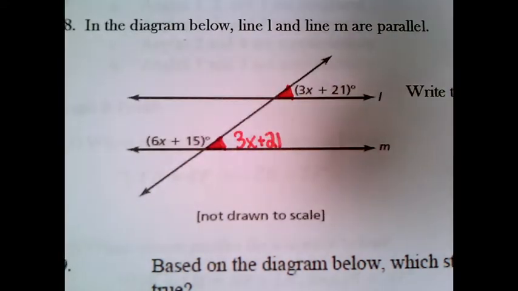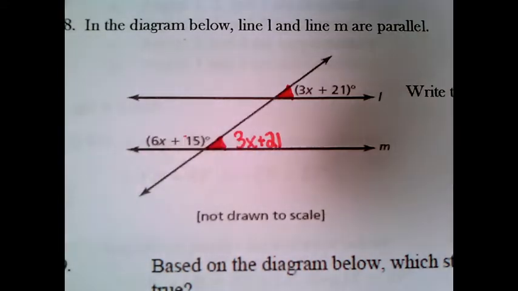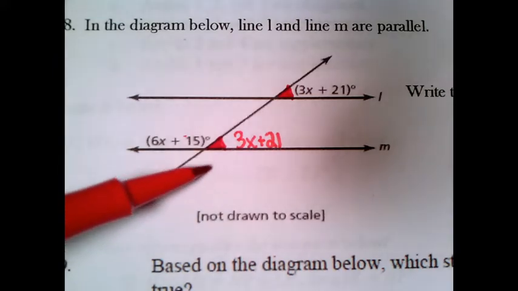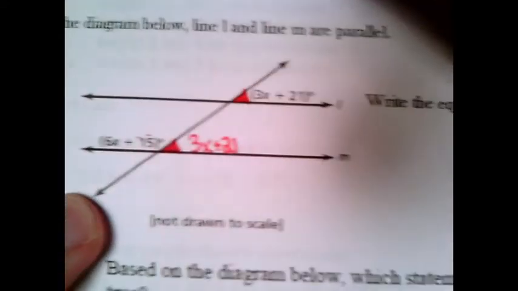And when I look, these are side by side. And side by side are supplementary. Side by side are supplementary. So if it was right here, we would set it equal to each other. Or if it moved on top of this one, we'd set it equal. But since it's side by side, it's supplementary. So we're just going to add those together.